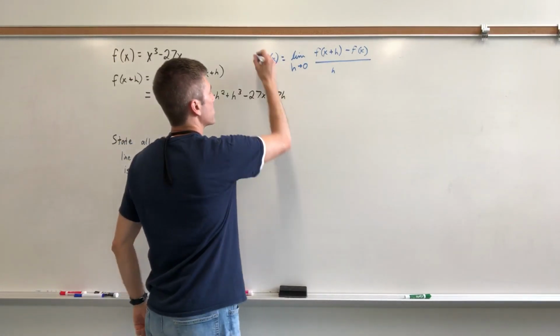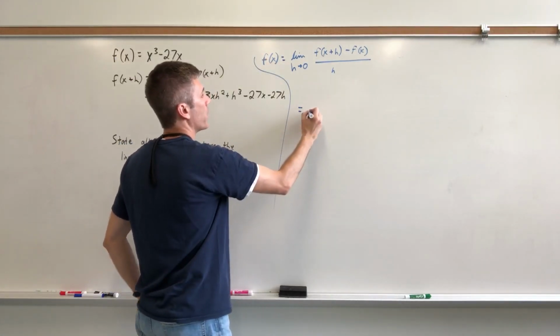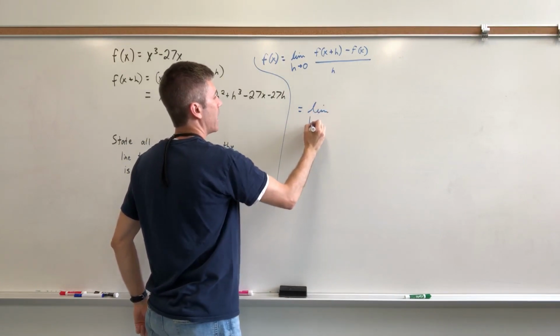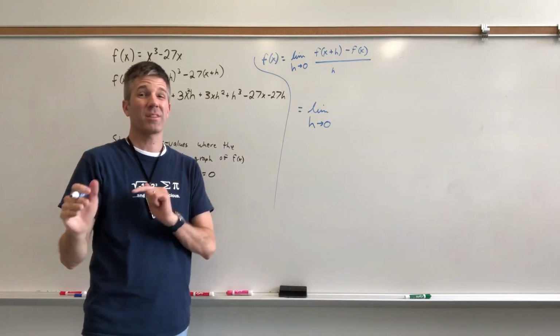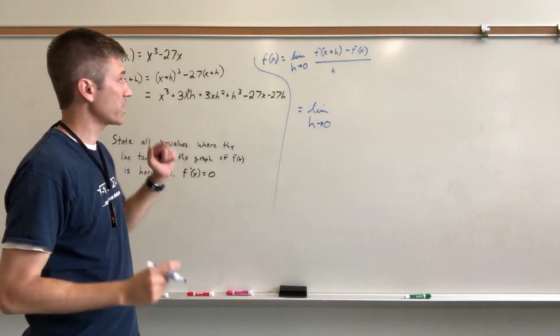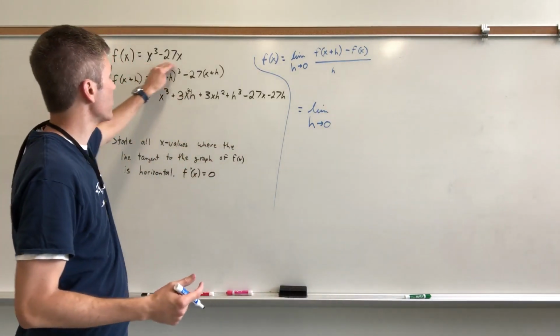All right, so there we go. We have the limit as h approaches 0 of, you've seen the pattern on this. With the exception of the square root one, the polynomial terms from the original function are going to cancel.